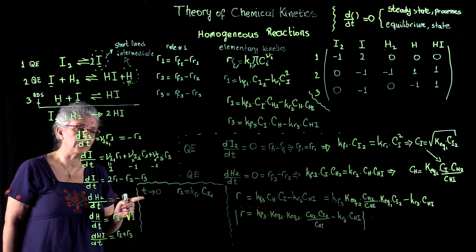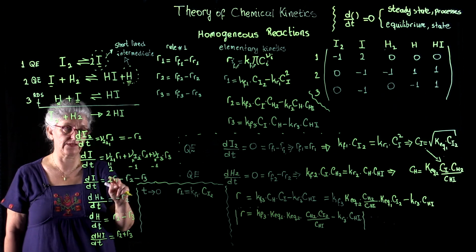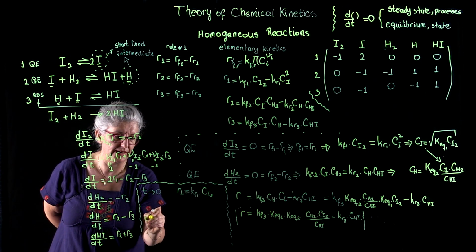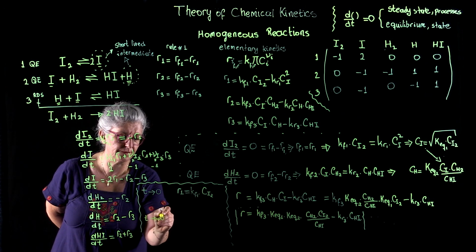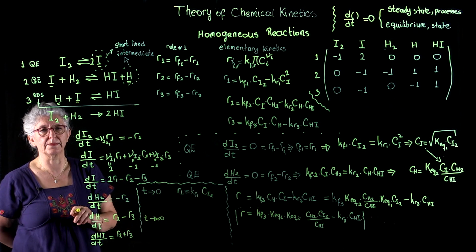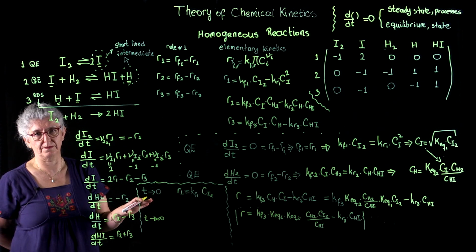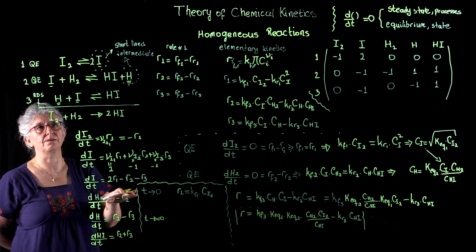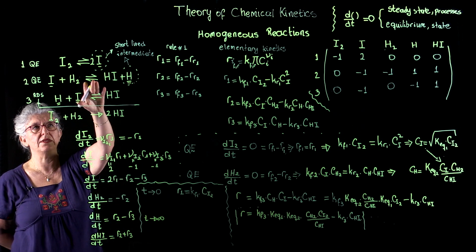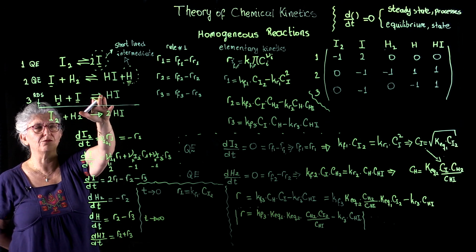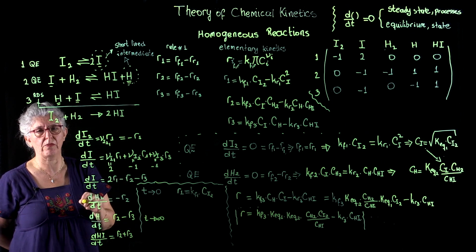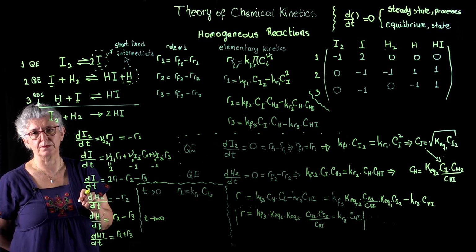When time goes to infinity, on the other hand, this is the second limit that we have to discuss. As time goes to infinity, the reaction goes to completion. All of the steps reach equilibrium. The first one is at equilibrium, the second one is at equilibrium, and the third one is also at equilibrium. All right?